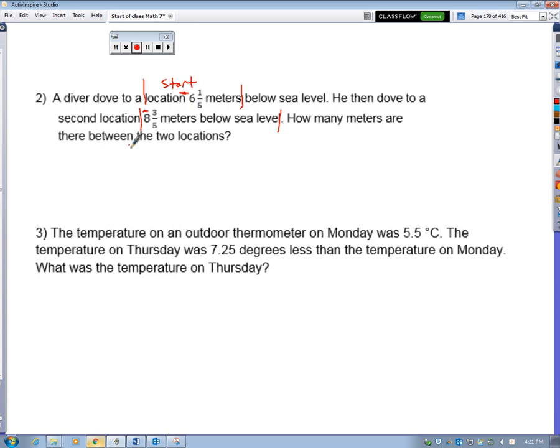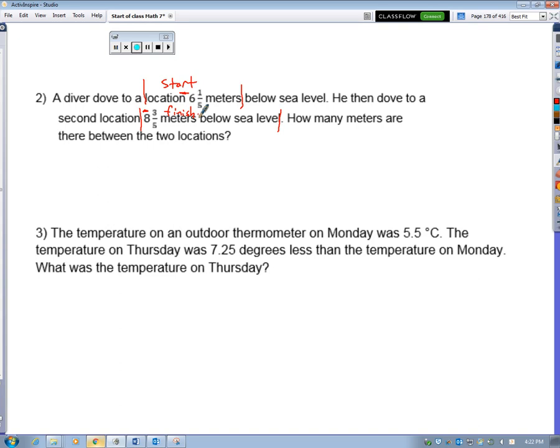We're trying to find what happened in between. It tells us right here what happened in between the two locations. How many meters are there from the start location to the finish? These can look really similar to addition problems, can't they? It just takes trying to look at them differently, and notice the detailed difference between the two.